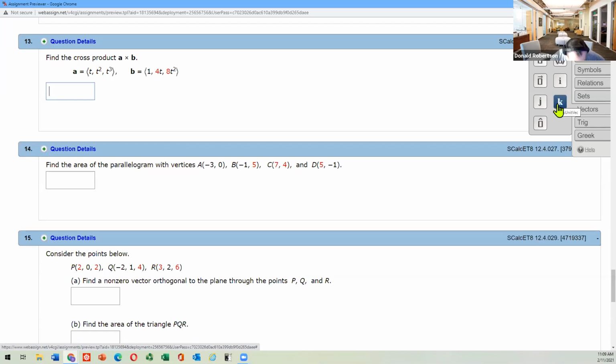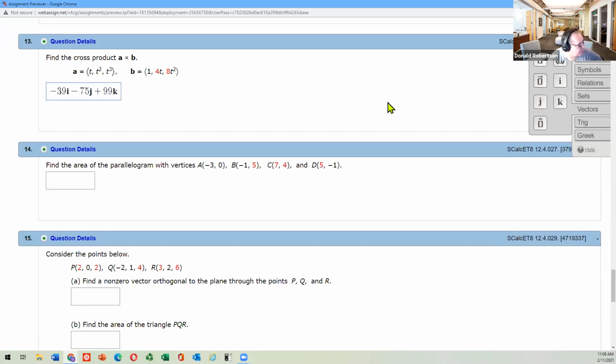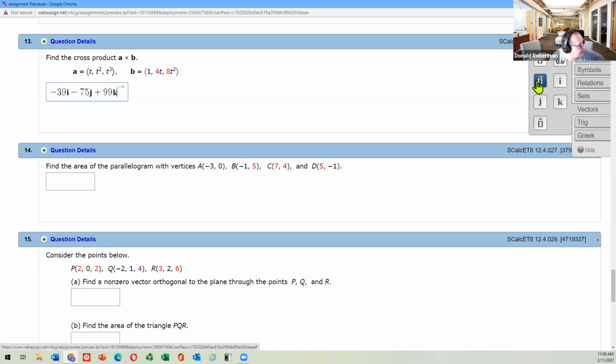So if the answer was negative 39 I, negative 75 J, plus 99 K. Now, it just looks like the letters I, J, K on your keyboard, but they're not. It's specific to that place, right? You know the little vector with the hat on it? That's this guy here. So can you imagine you had a question when you had to do AB? That's how you would get that done.